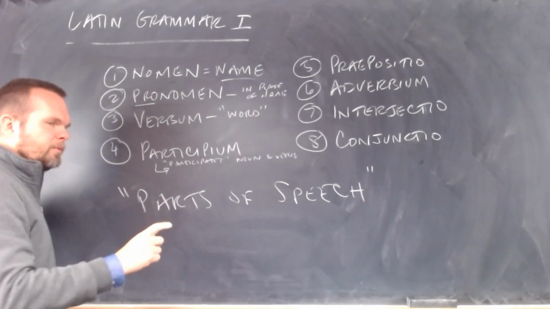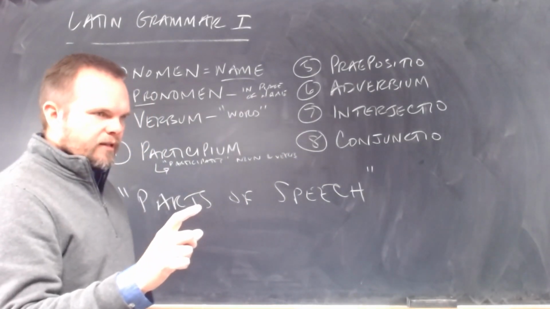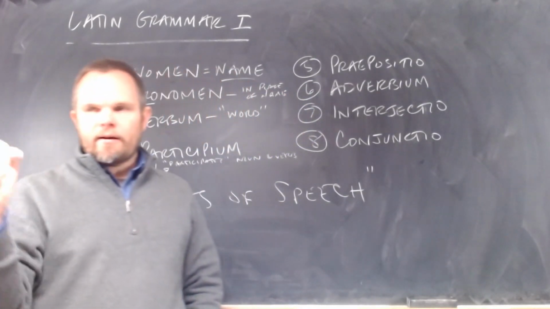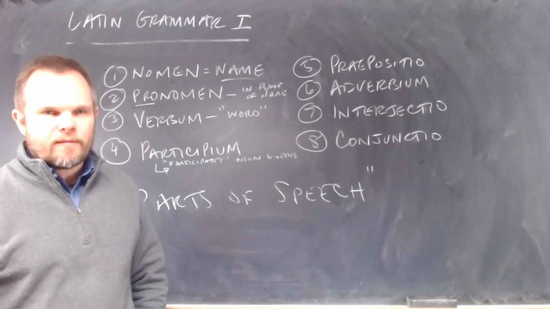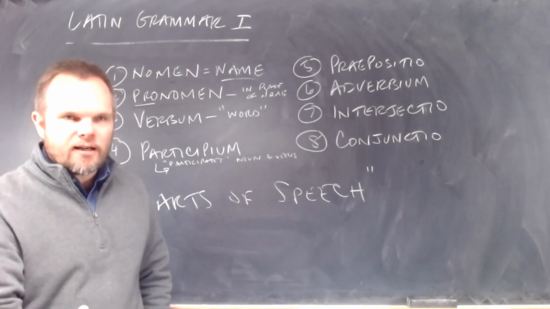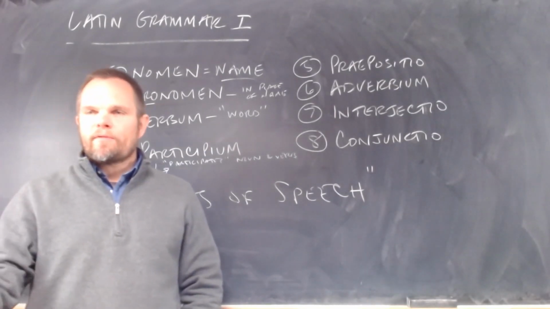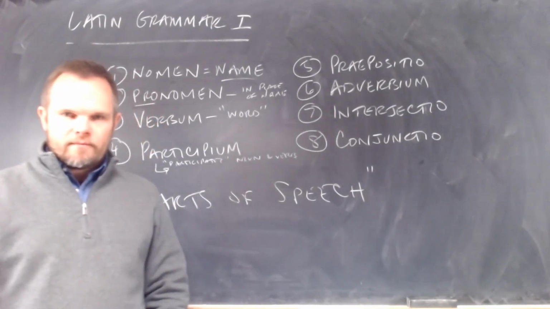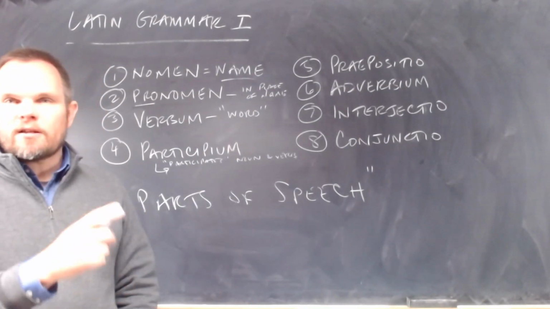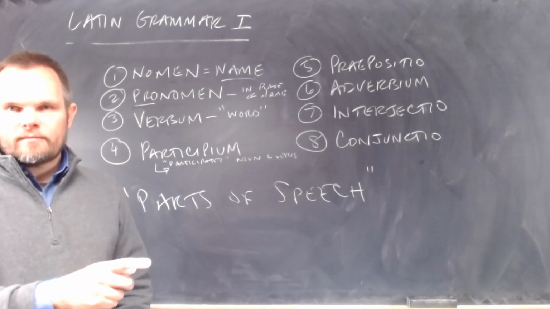A participle is a word that has some of the characteristics of a noun and some of the characteristics of a verb. It expresses action, it expresses time, and so it's like a verb. But it's also used to name things, and therefore it's like a noun, a participle.